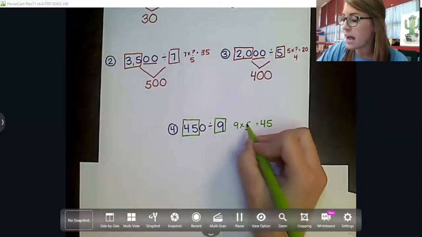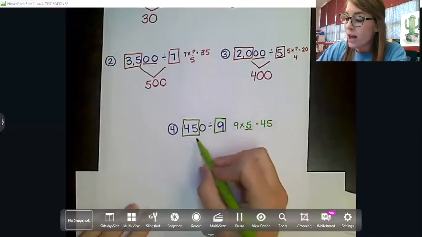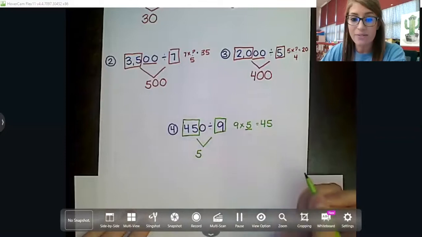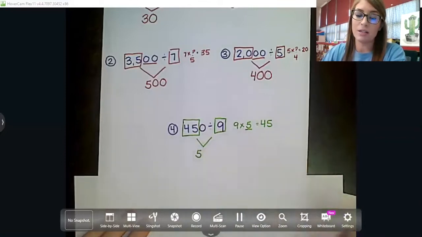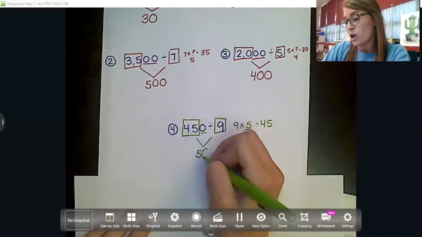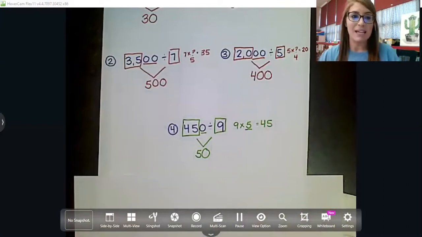Exactly, 9 times 5 equals 45, which means that for 45 divided by 9, you should have gotten 5. And then how many zeros did you add to your answer? Very good, just this one, which means 450 divided by 9 is 50.